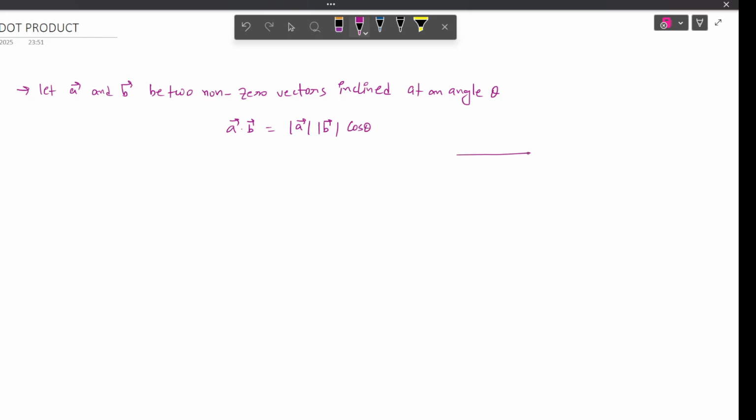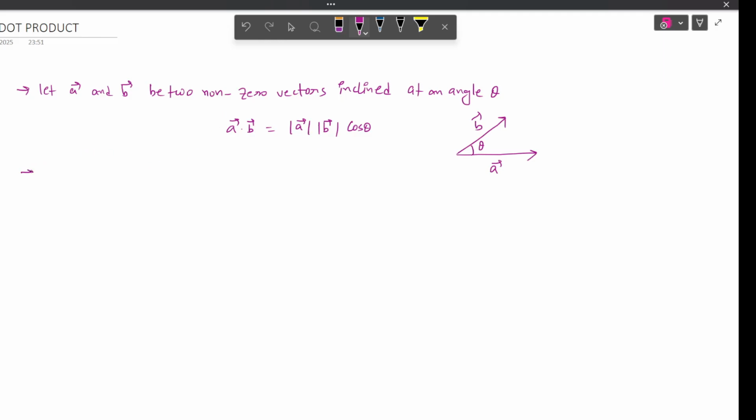So if we say this is our a vector and this is our b vector and the angle between them is theta, then a dot b would be mod a mod b cos theta, right? From this we can see that there is no direction.